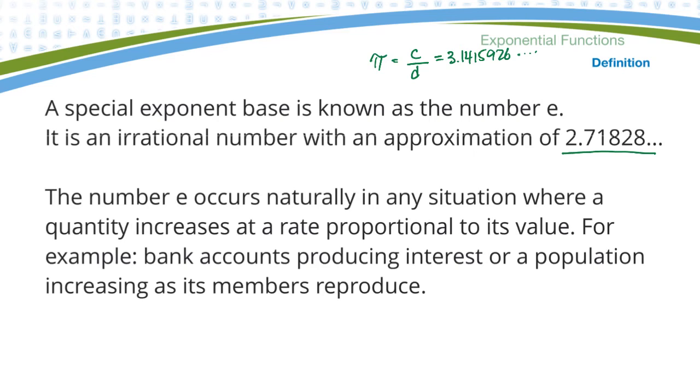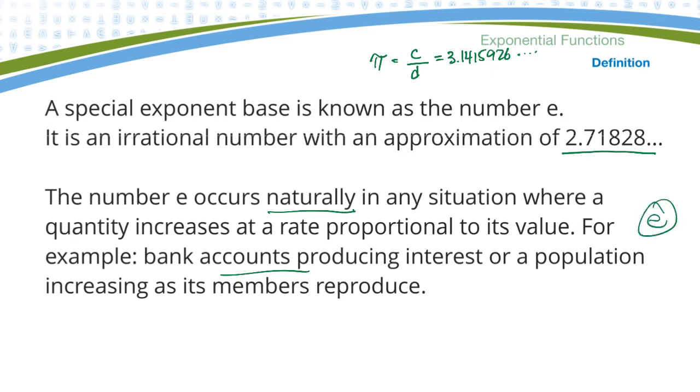What the number e is, it's a number or a relationship that occurs naturally in any situation where a quantity increases at a rate proportional to its value. A good example is a bank account. You put money into a bank account, and if you make interest on the interest, then a relationship that happens there is the number e.